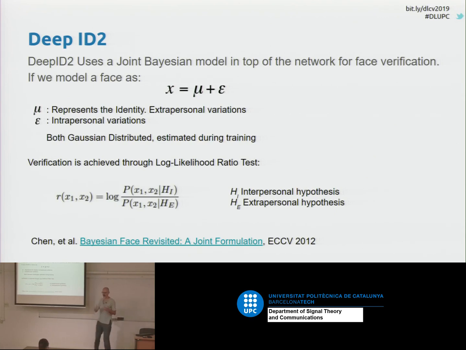If we have different images of the same person with different poses, with different expressions, there is this part that represents what is intrinsic to the person, and this part is the small variations for changes in expression. This can be modeled during training, and using that probability distribution, it's possible to compute this log likelihood ratio test that will provide the final probability that two images are from the same person or from different persons.